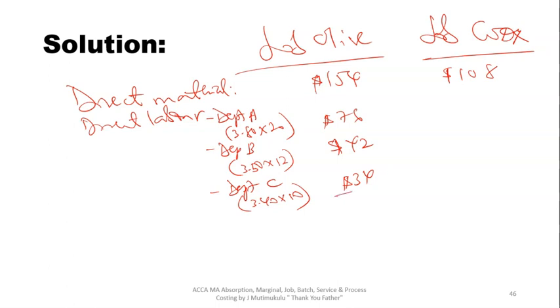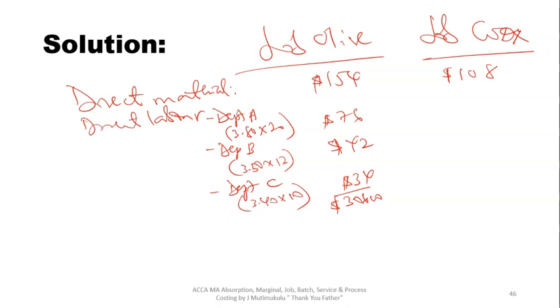We can add up 154 plus 76 plus 42 plus 34. This gives us 306. Then we move on to this other job, cooks.